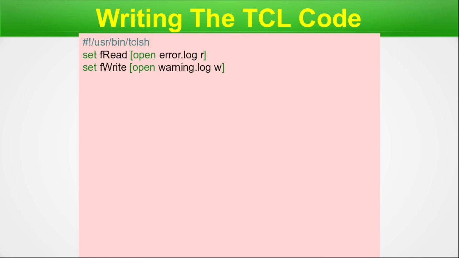We open another file handle, fwrite, for writing the output log file, warning.log. This is a log file that we are creating, and we are opening it in write mode. That's why the flag is w. Then we use the while loop. I have already described this method in the 5th episode where this question was asked by the viewer, and we are using the same kind of setup with the while loop here.